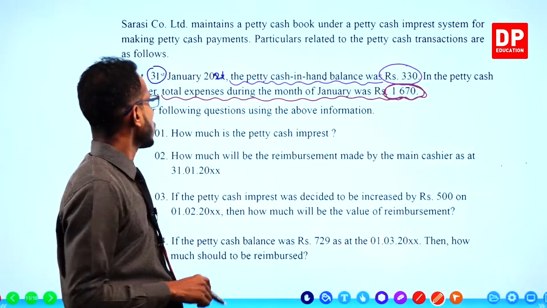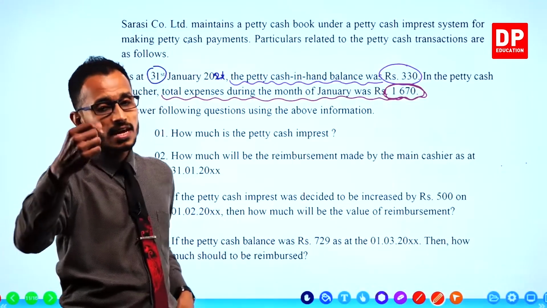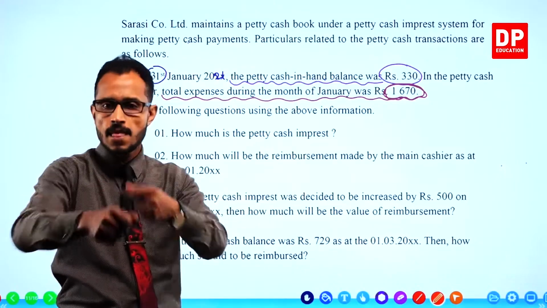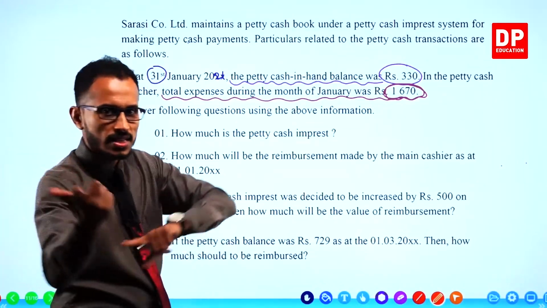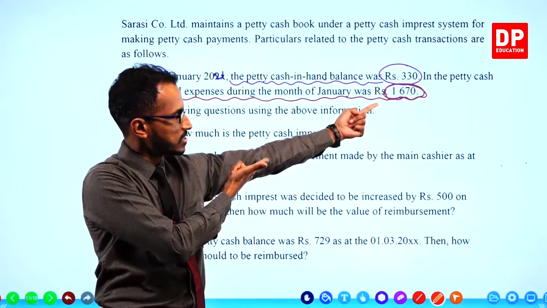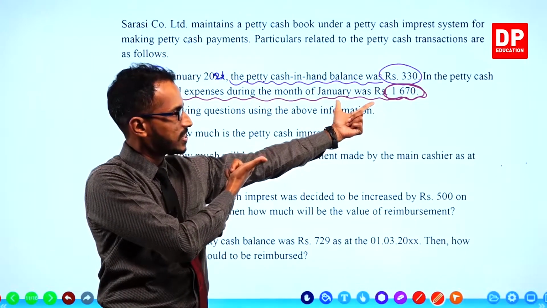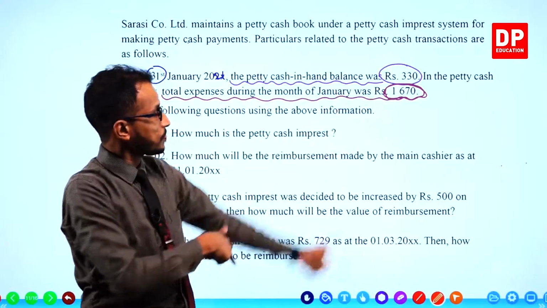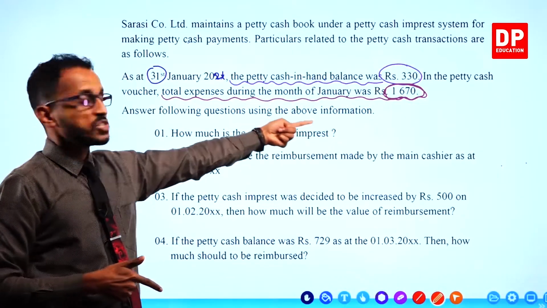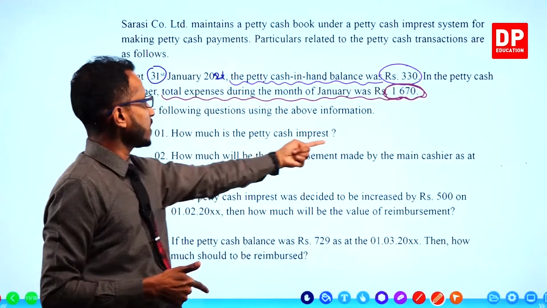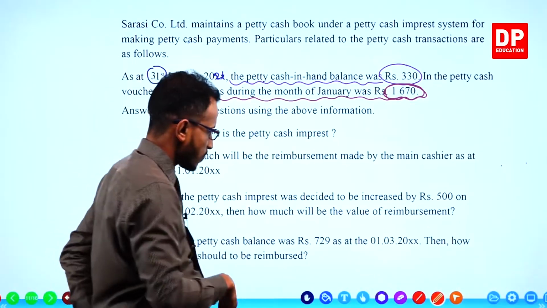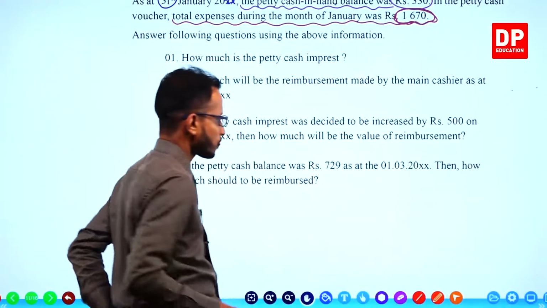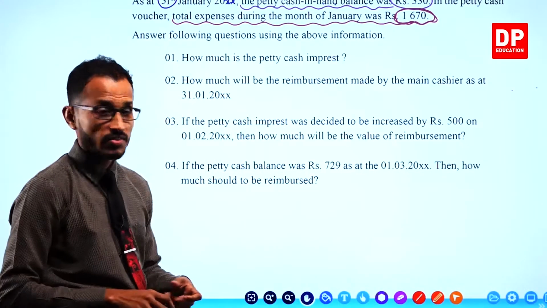Total petty cash expenses spent during the month is this much, 1,670. Right. Questions are given. How much is the petty cash imprest? Let's find out how much is the petty cash imprest.